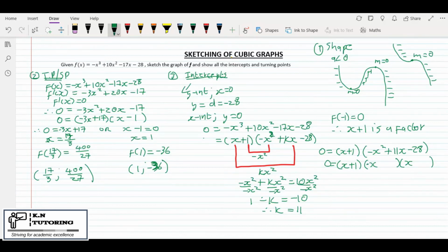And then I will put in 4 there and a 7 there, factors, and also positive there and a negative there. Therefore x is equal to negative 1, or x is equal to 4, or x is equal to 7.